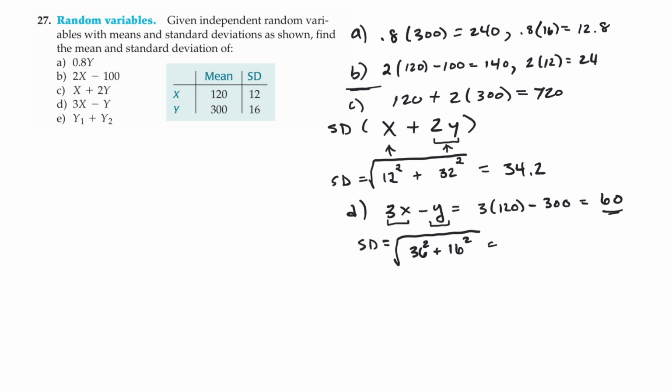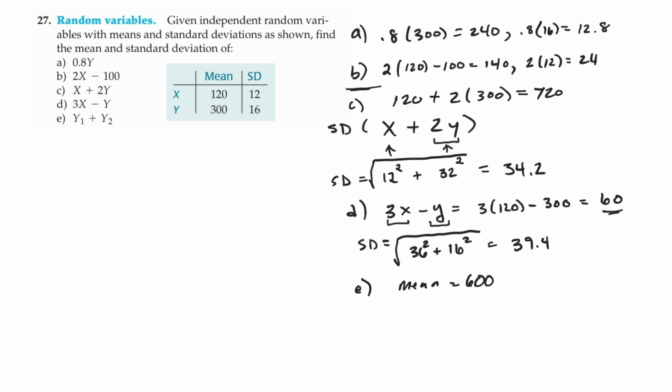Okay, so if I do 36 squared plus 16 squared, I'm going to get the square root of that number. That's going to tell me it's approximately 39.4 is my new standard deviation. Part E. Now it says y1, y2. What that really means is just add the y values twice, right? So we're going to get a mean of 600, 300 plus 300.